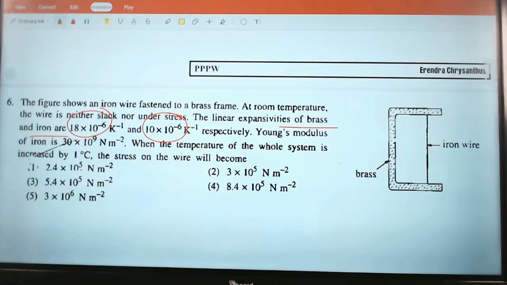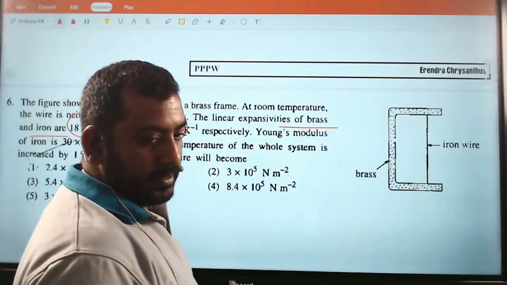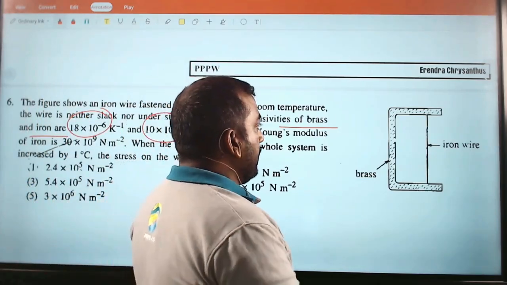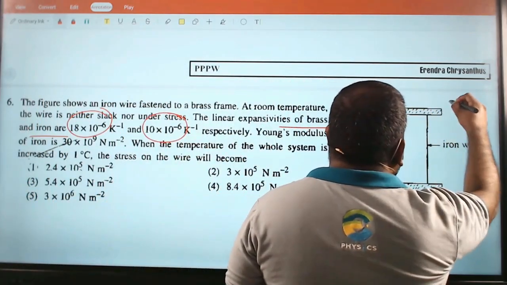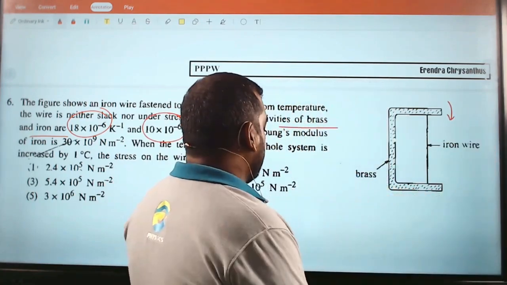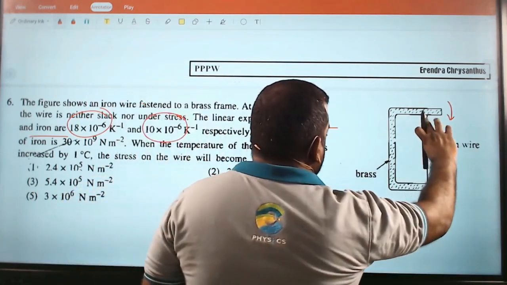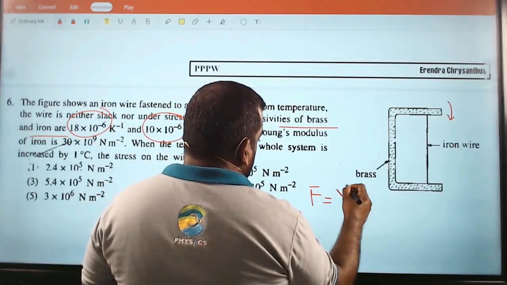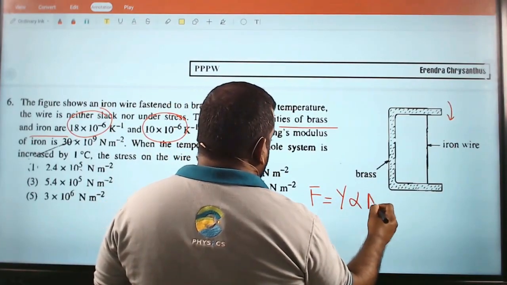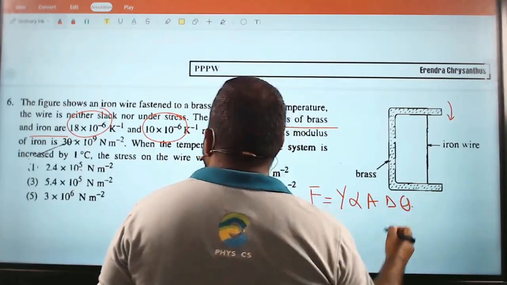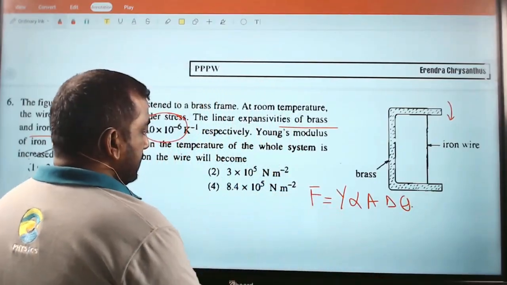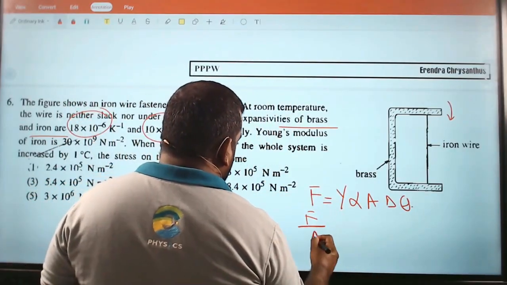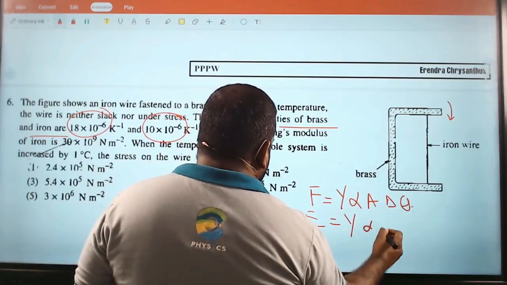Young's modulus of iron is given. When the temperature of the whole system is increased by 1 degree, what will the stress on the wire become? What will happen? Brass expands more, so it will start pulling in. Here the iron is also expanding. The stress, force over area, is Young's modulus × alpha × delta theta.